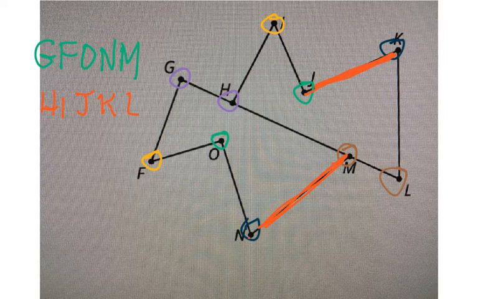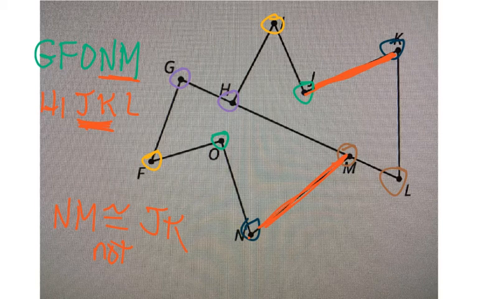I also want you to note J and K, I'm going to underline it there and there. They're in a different location in the lettering. So this is not congruent. NM is not congruent to JK.